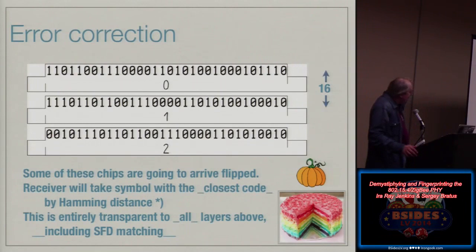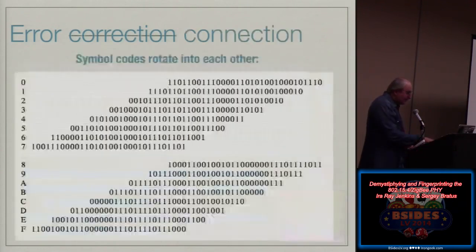You need less than 16 bits flipped by the noise to recover the symbol. And this is pretty good, right? This happens before SFD matching. So in fact, you can use the error correcting logic to send those sequences out of alignment.